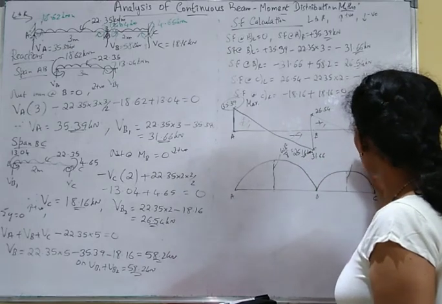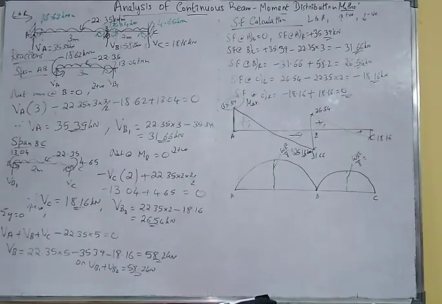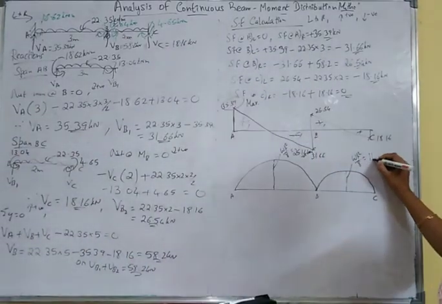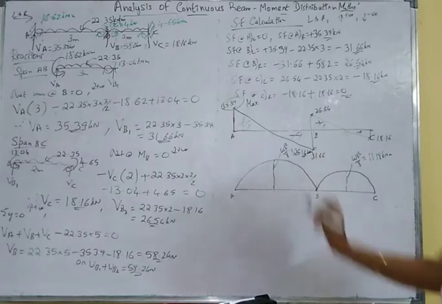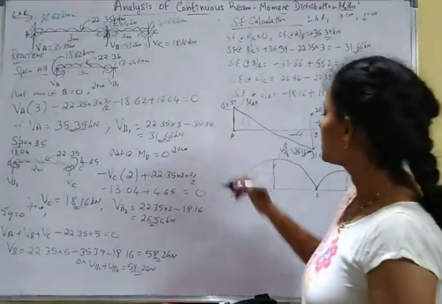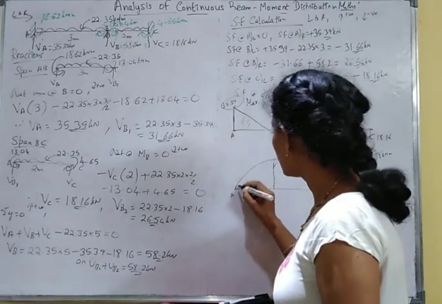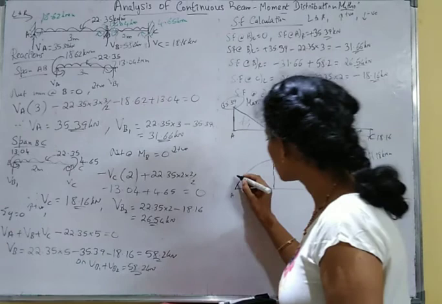Similarly calculate here WL square by 8 maximum bending moment. You will have 11.18 kilonewton meter. Okay, now you have this net moment negative, that is from the fixed end you have. So there you have minus 18.62.